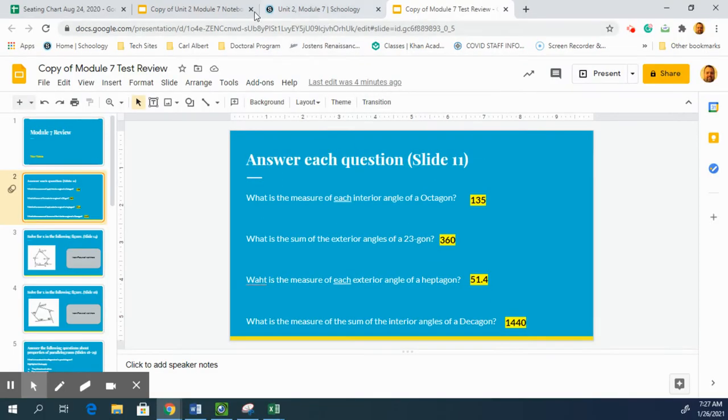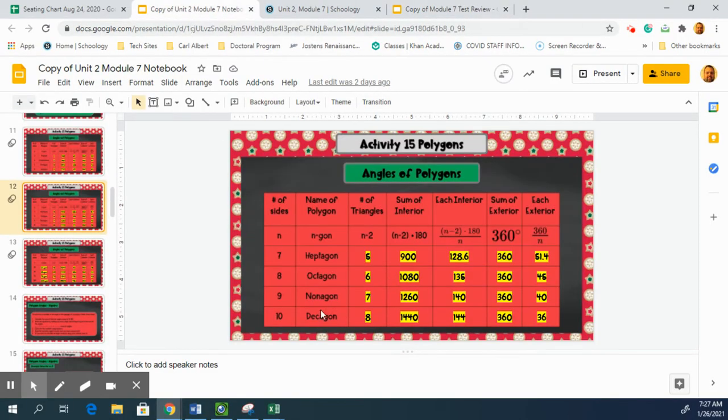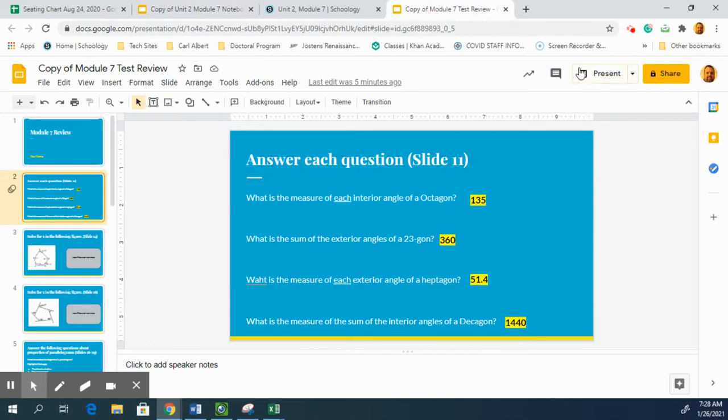And again, I got all of these answers right here. Sum of interior, 1,440. Each exterior of a heptagon, 51.4. So sometimes it's not about just exactly understanding the math. We want you to understand that, but it's also about understanding the resources.